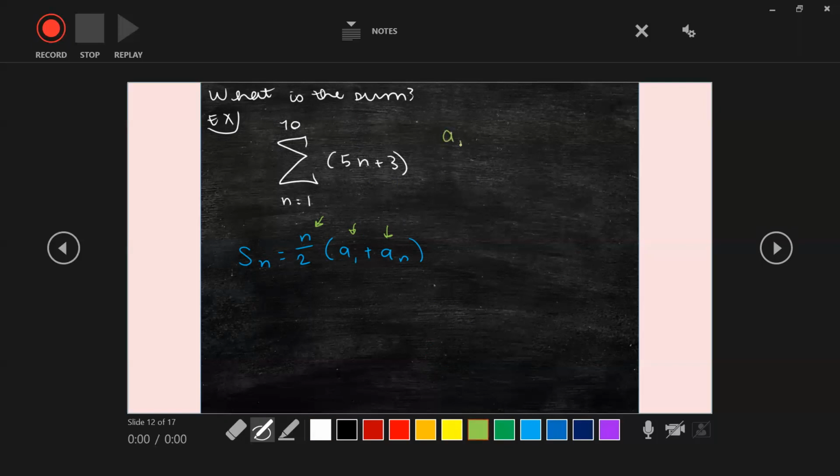A sub 1, if a sub n is equal to 5n plus 3, a sub 1, you remember whenever we replaced our n's with whatever number we put in that subscript? So my a sub 1 is going to be 8.